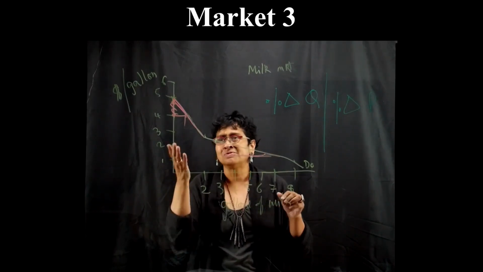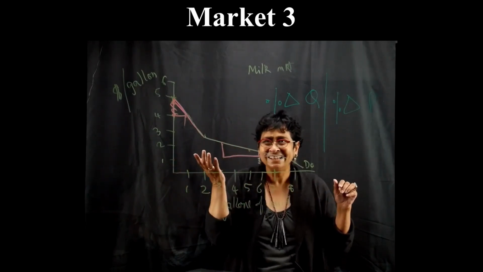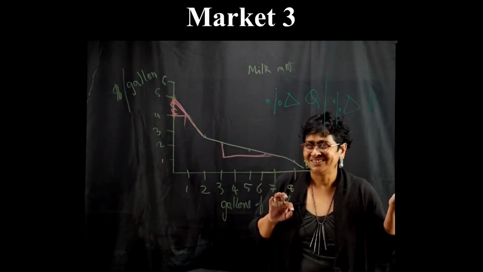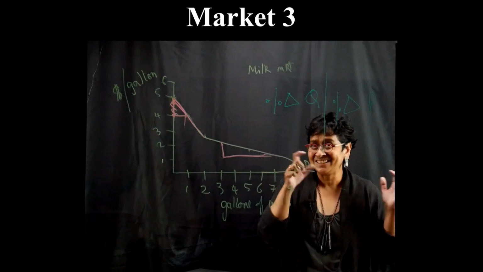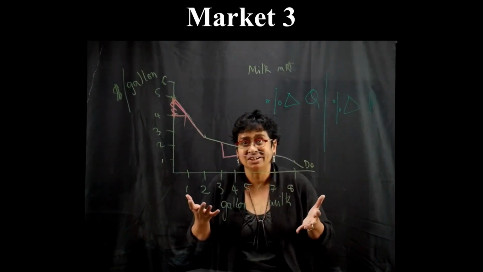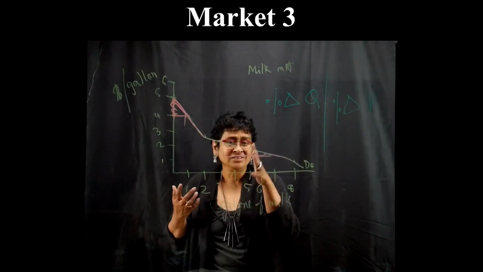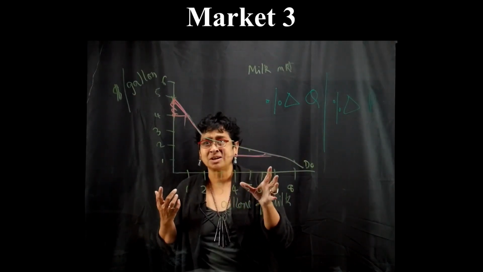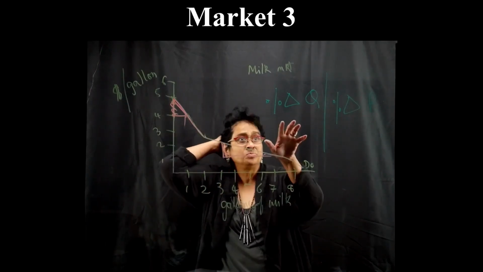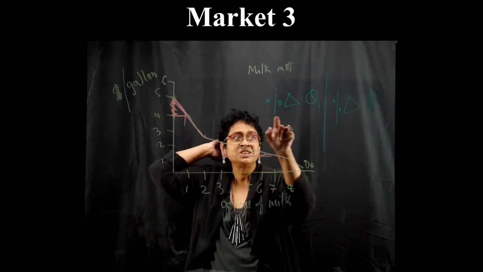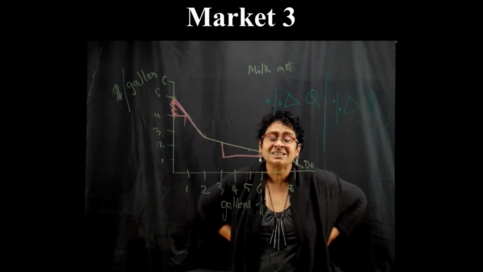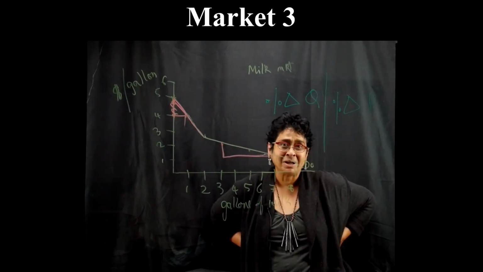Because a change from $5 to $4.90 is not a huge change, but a change from $1 to 90 cents, even though it's the same 10 cents, is pretty big, because as a percentage of price, that's a huge change. A change from buying 5 units to 6 units is not that much, but a change from 1 to 2 units is a doubling. So we are going to look at it through percentages, in relation to where we began and how much things are changing. So elasticity is a concept we're going to come back to later.